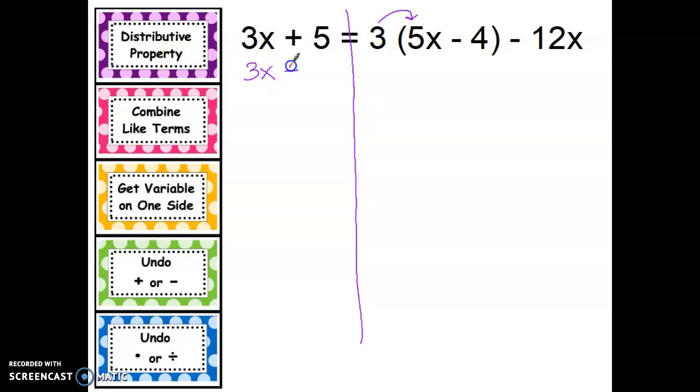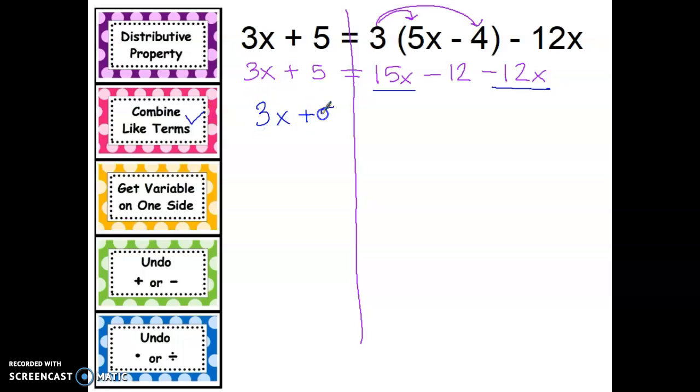We're left with 3x plus 5 is equal to 3 times 5 is 15, and carry that x. 3 times negative 4 is a negative 12, minus 12x. This and this, we can combine like terms, so we're left with 3x plus 5 is equal to 3x minus 12.